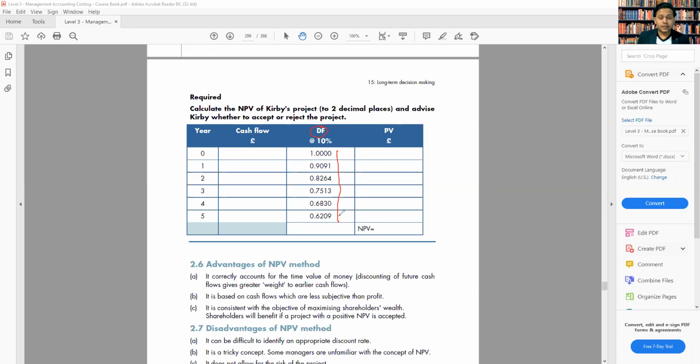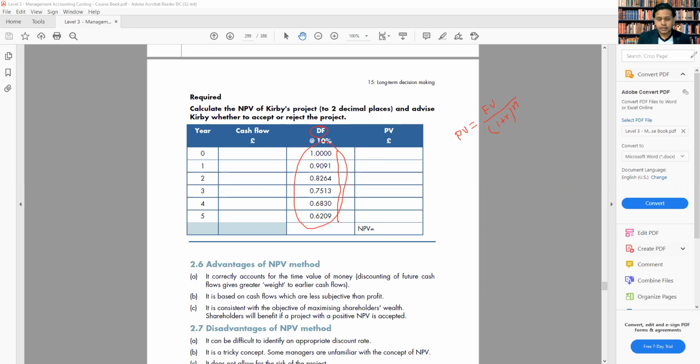For example, the formula for the present value is future value divided by 1 plus r to the power n. But you really don't have to remember this type of formula. On your AAT, they will never ask you to calculate the discount factor. It always will be given in the exam, so you don't have to worry about it.